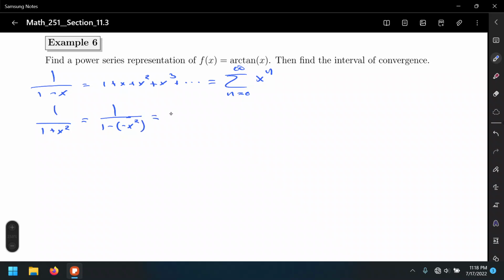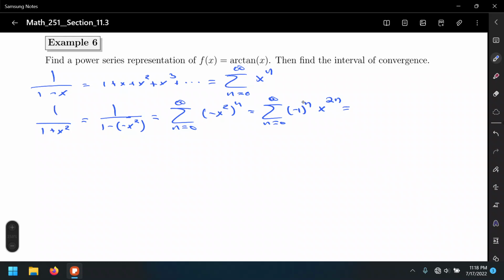Then this will be sigma n equals 0 to infinity of negative x squared to the n. Let's actually simplify this series. That's going to be sigma n equals 0 to infinity of -1 to the n, x to the 2n.